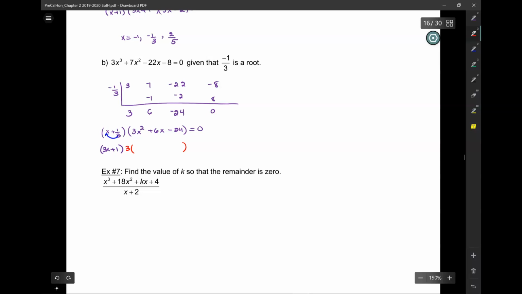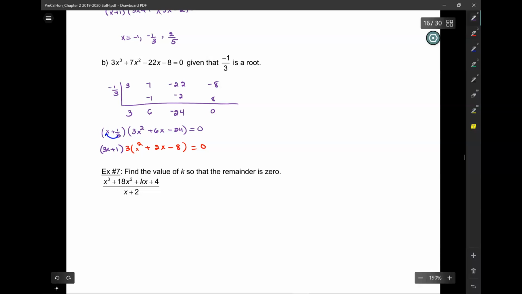Right, but how does that make a difference? Because that's different. Now you're factoring out a 3, but then you would have a 3 outside times that. So you factor out a 3 and we get x squared plus 2x minus 8.